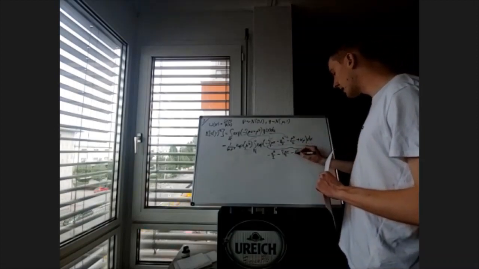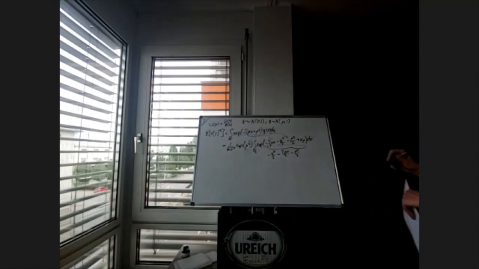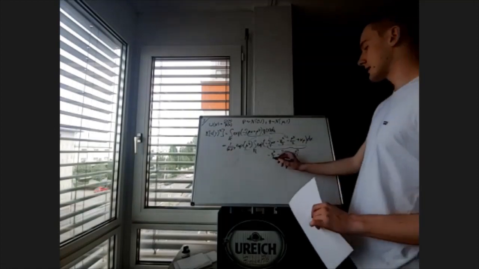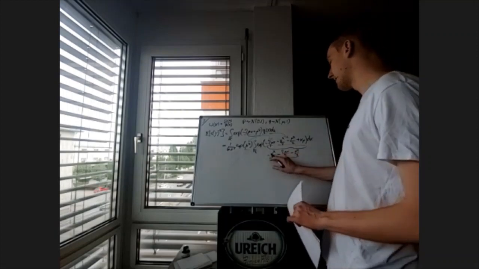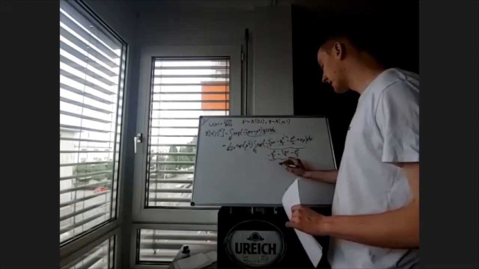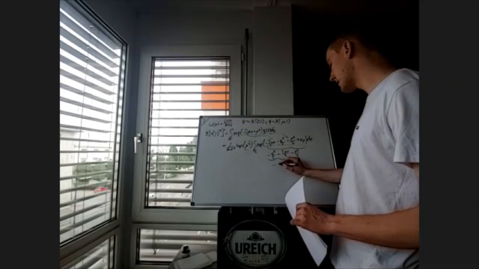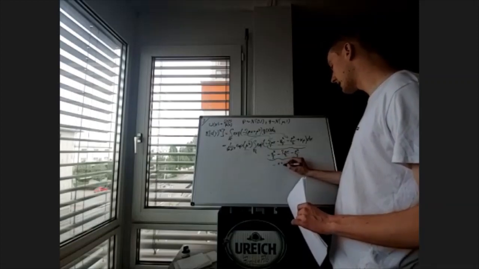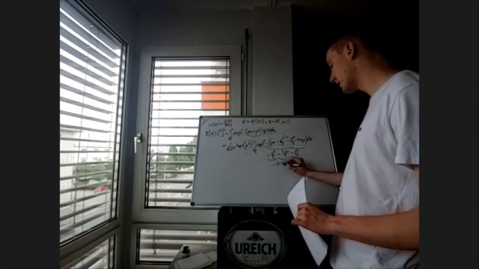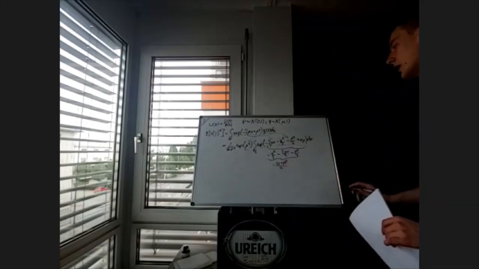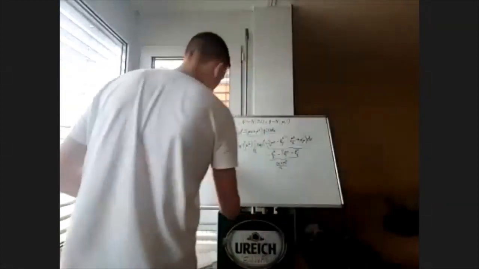Minus mu squared. This is just minus x plus mu over 2.